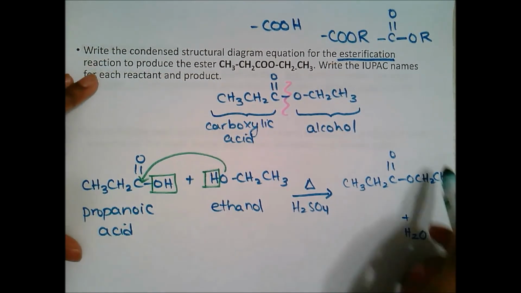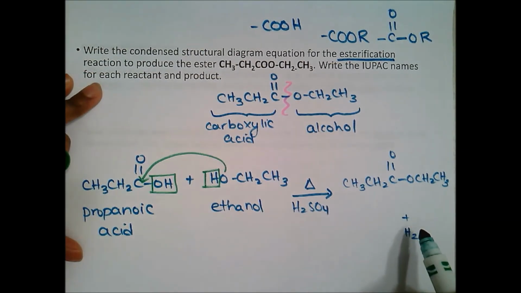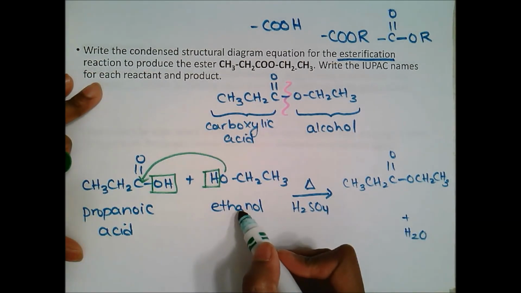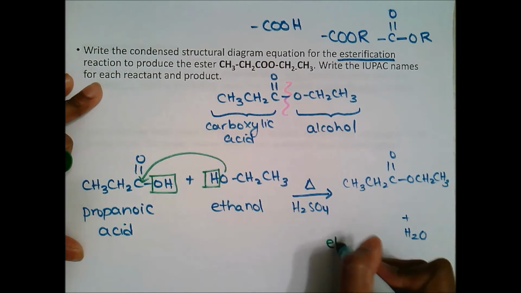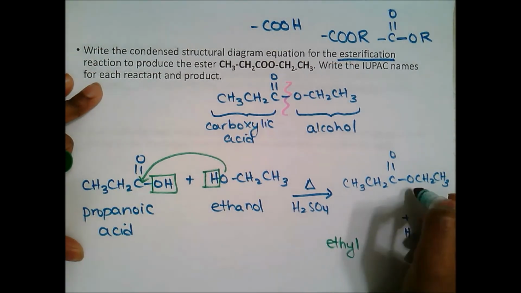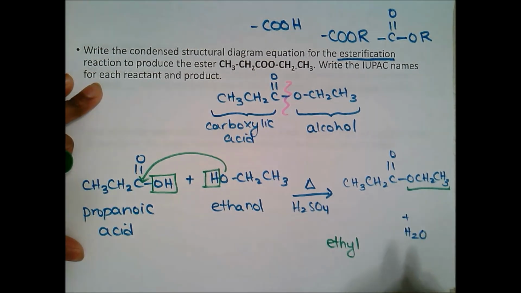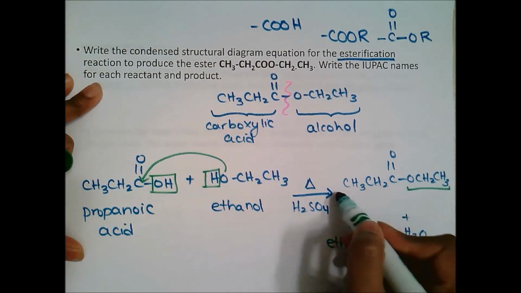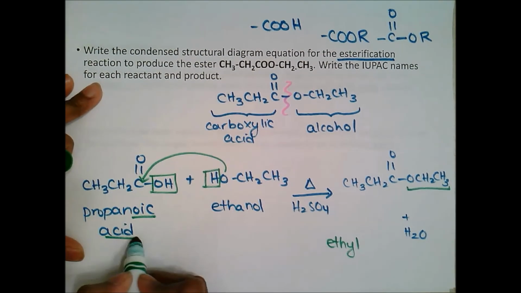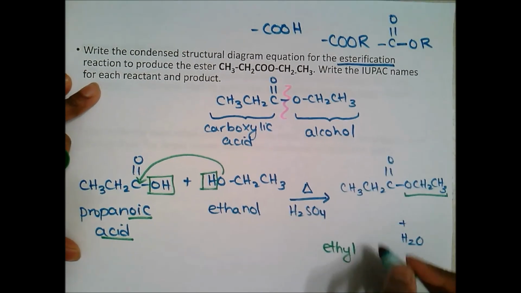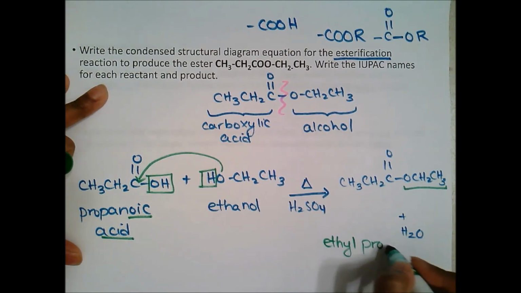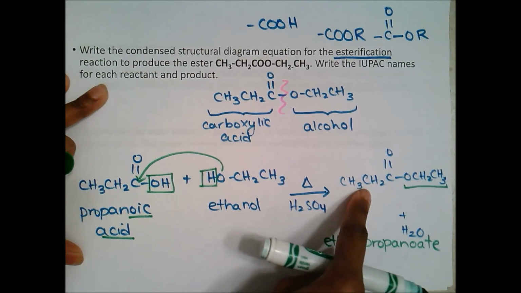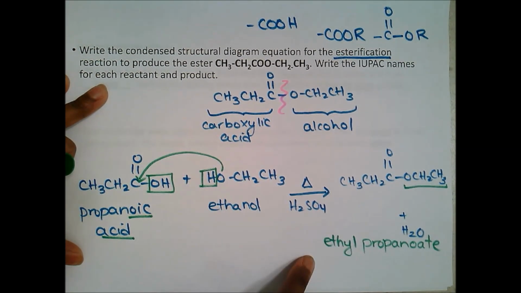So if we want to name this final product, remember that you name the alcohol group first. So it's called ethyl. So that's this group right here. And then you name the carboxylic acid group, drop the oic acid and add oate. So this is propanoate. So this organic product is called ethyl propanoate.